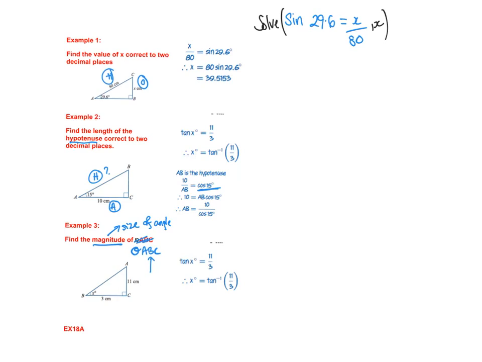So if we were doing this one, we would say, all right, we've got the opposite and we've got the adjacent, and we did tan. So when you're finding the angle, see how you use the inverse function. The inverse function is that -1 sign, and that's underneath your TRIG button in your calculator.